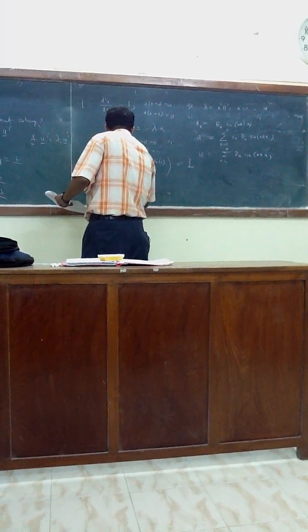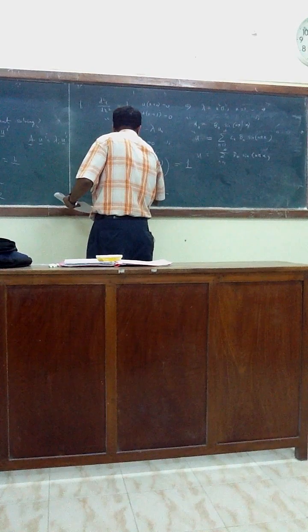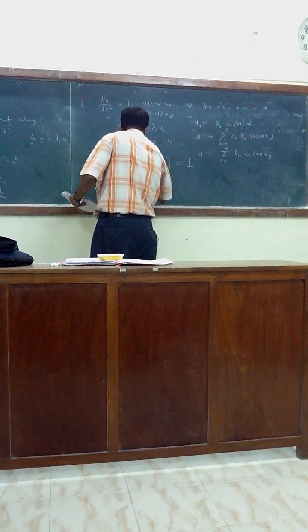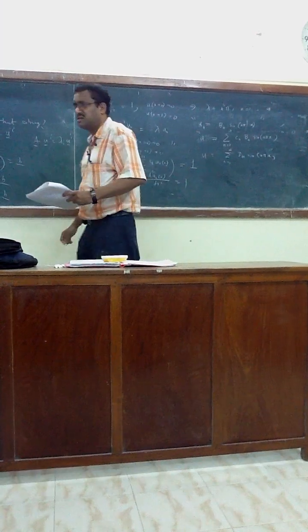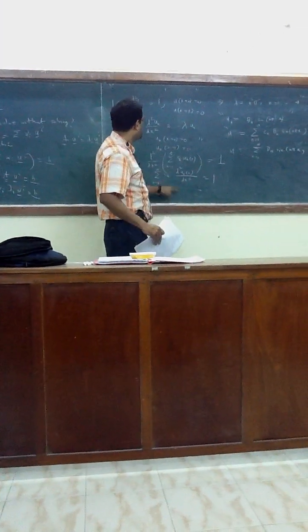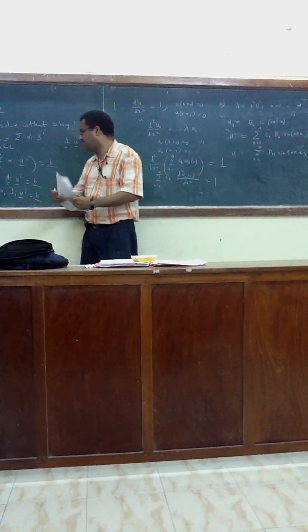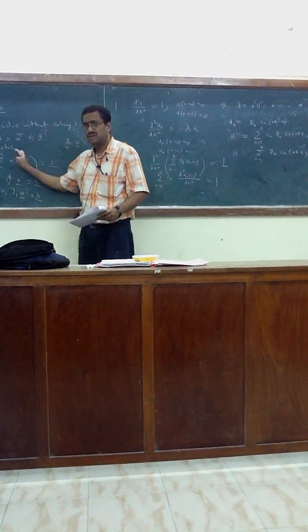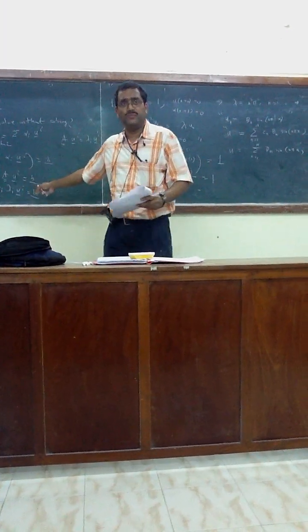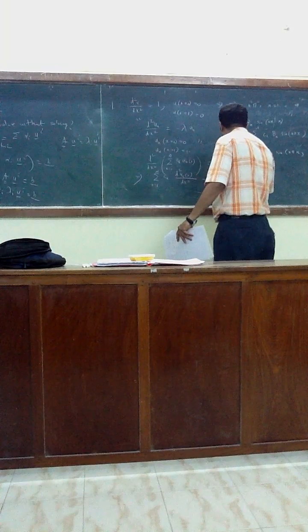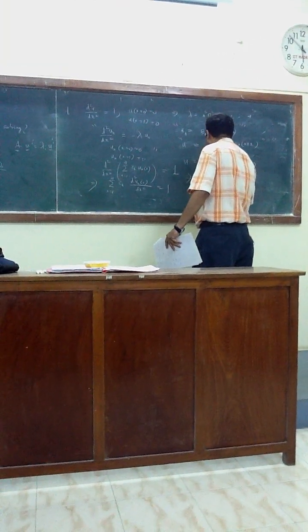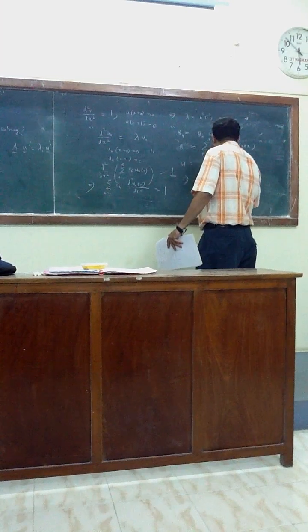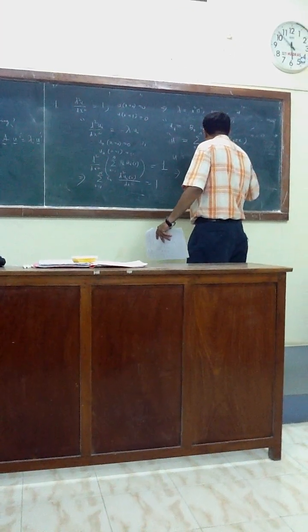Summation n equals 1 to infinity cn d2 unx by dx square equals 1. Am I correct? d2 unx by dx square is minus lambda un, exactly like this. Same way as I put lambda uy. So this is summation n equals 1 to infinity cn minus lambda un equals 1.